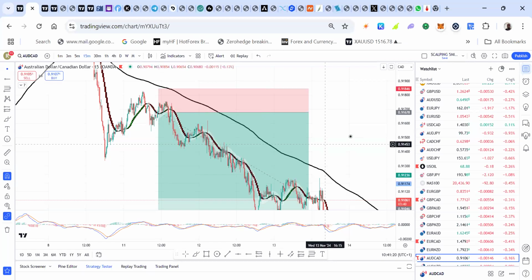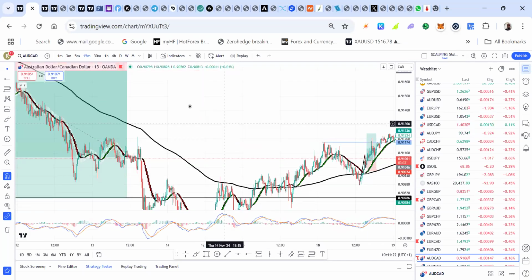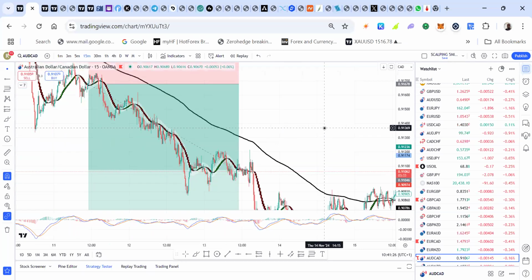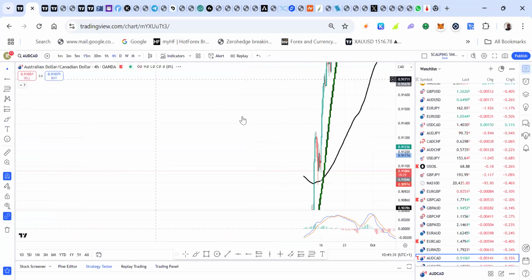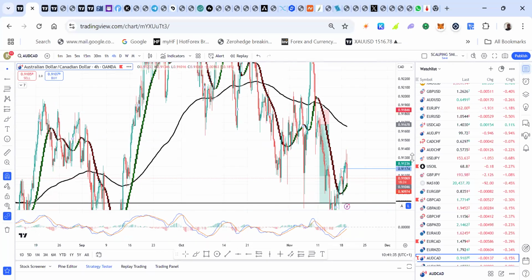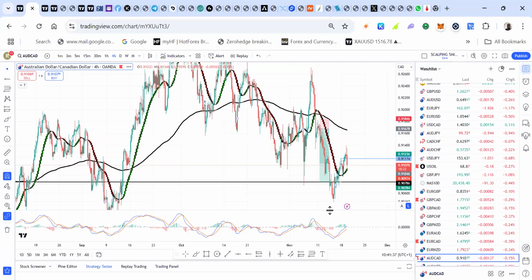Okay, no, I didn't take this trade. This may be the one we used in the 4 hours. Let's check. It is. It's the one we used in the 4 hours.